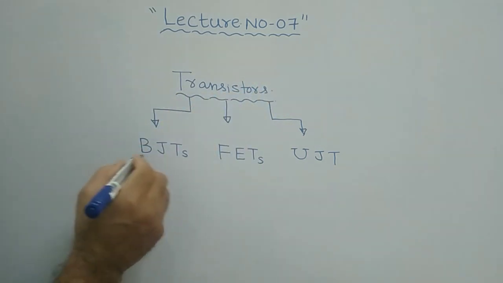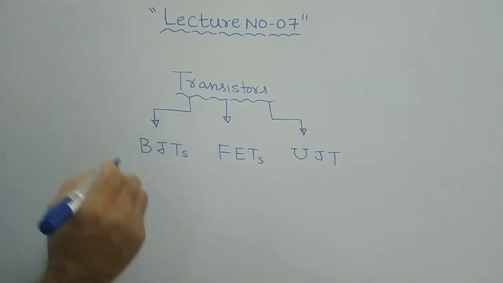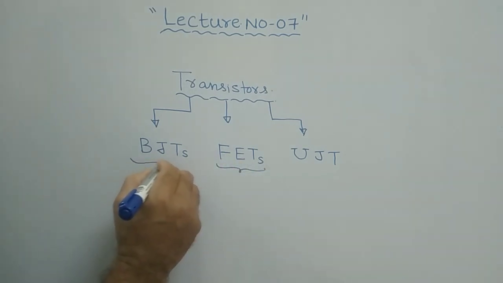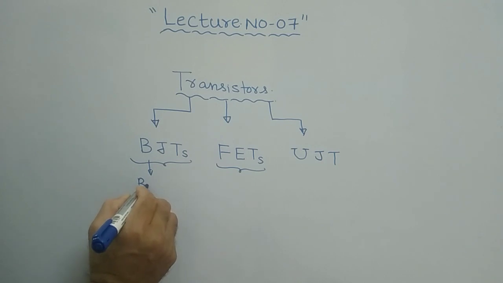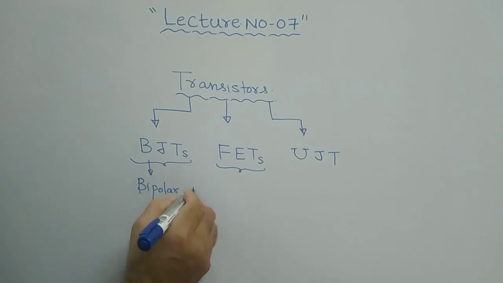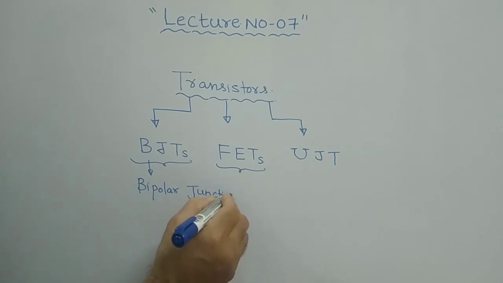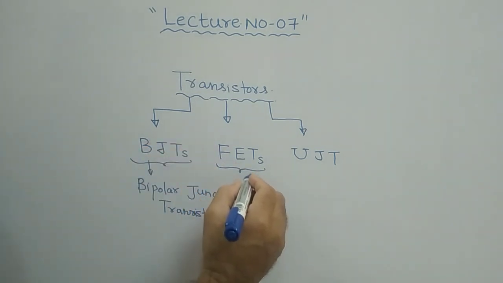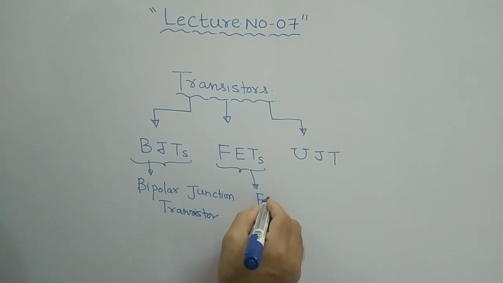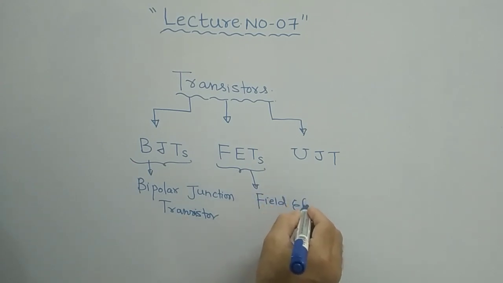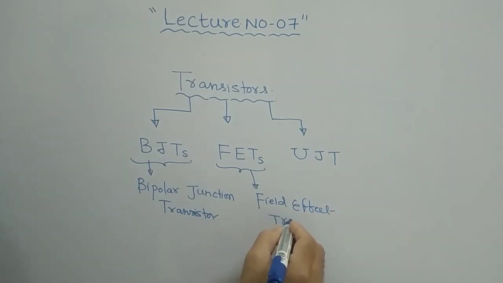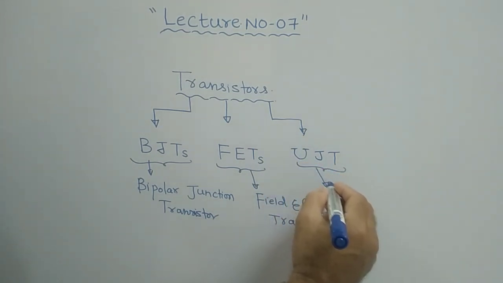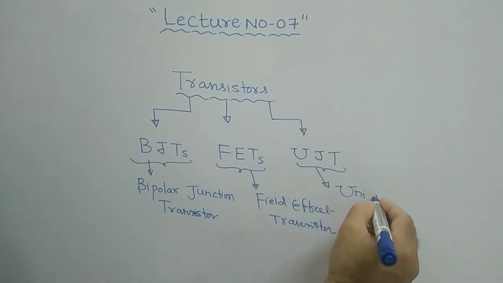Under the transistor family, you can classify like this: BJTs, which are bipolar junction transistors; FET means field effect transistor; and UJT stands for unijunction transistor.